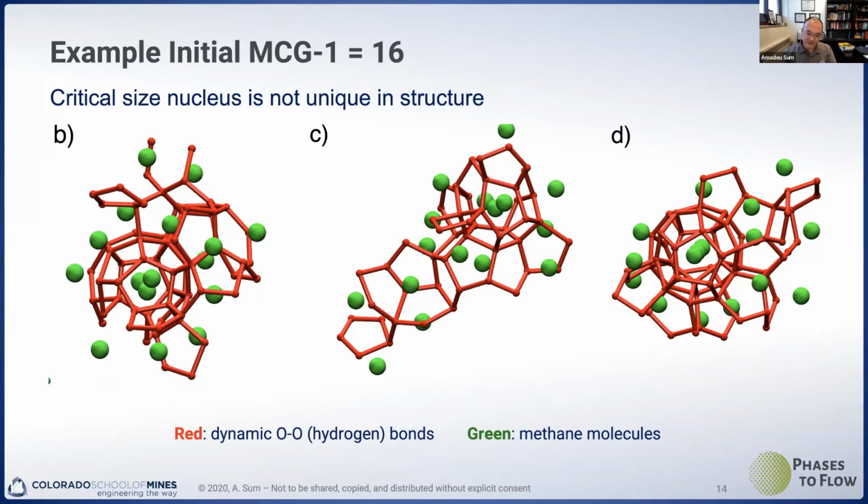And I should emphasize also that this has been done mostly for methane hydrates, right? Because that's the simplest system, and also one that has, of course, great importance, as methane is the main component of natural gas and also of the hydrate deposits that are found around the world.